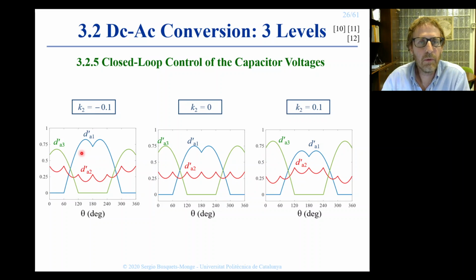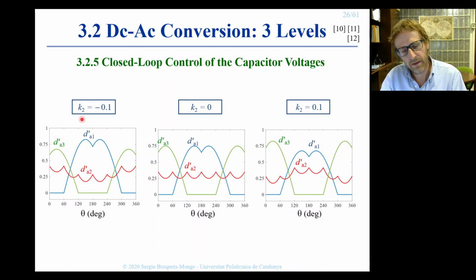We have the reverse behavior whenever the parameter k2 is negative. Essentially, what we are doing by applying this coefficient k2 is to introduce a common mode voltage in the leg voltages.